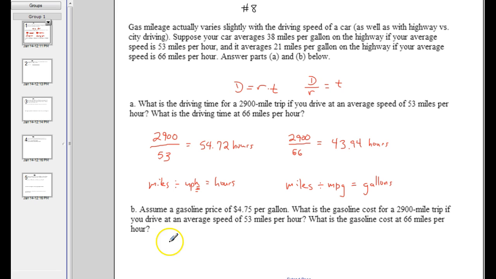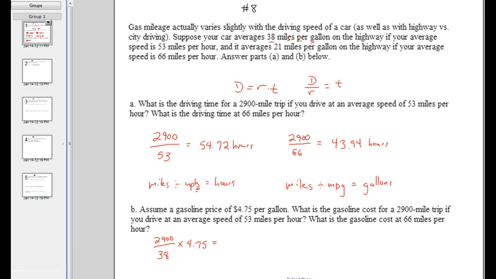So if I take the 2,900 miles that I've got to drive and divide by the miles per gallon for driving that speed, this would be how many gallons I used. And then if I spend $4.75 per gallon, I'll find out how much money I spend to drive at 53 miles per hour versus 66.